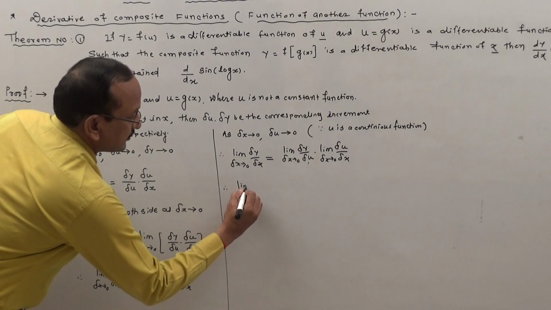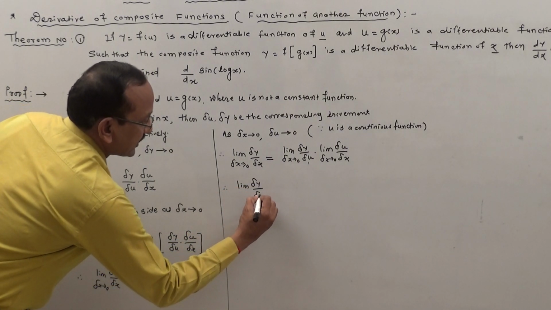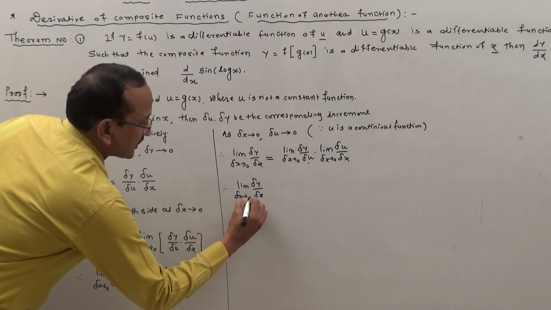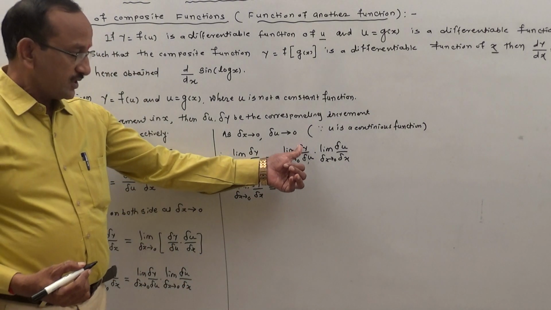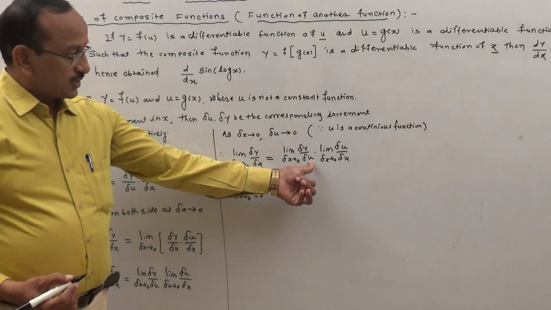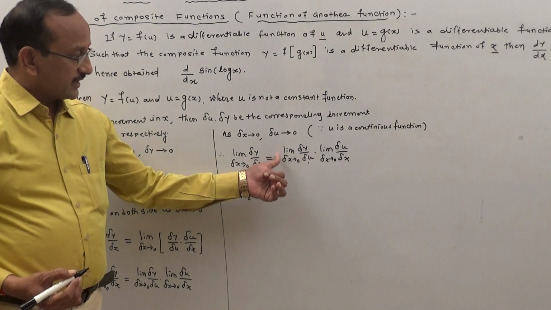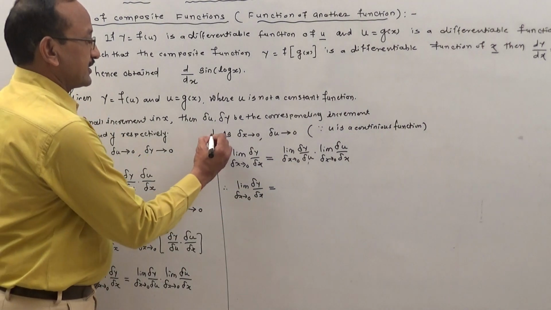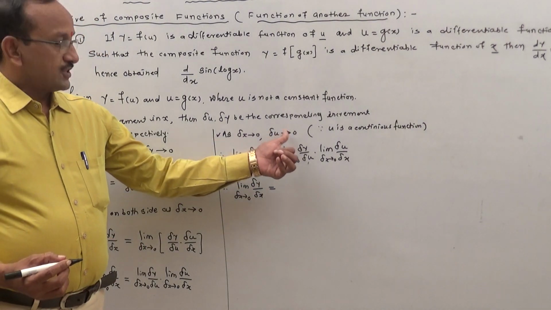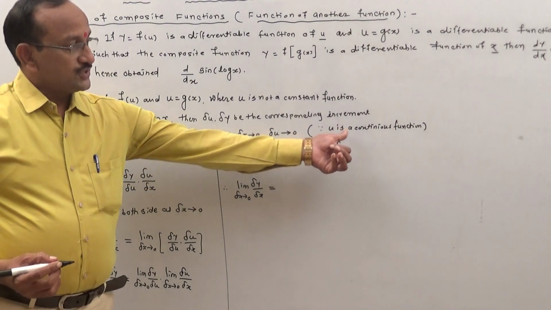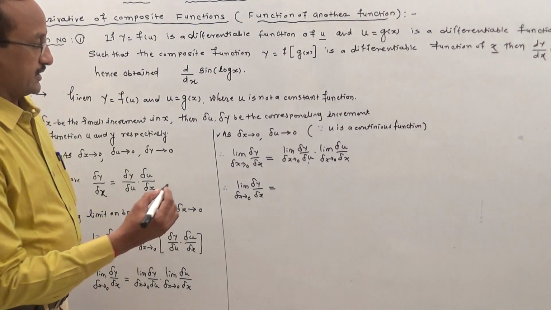Here y is a differentiable function of u, and as delta x tends to 0, delta u also tends to 0 because u is a continuous function of x.